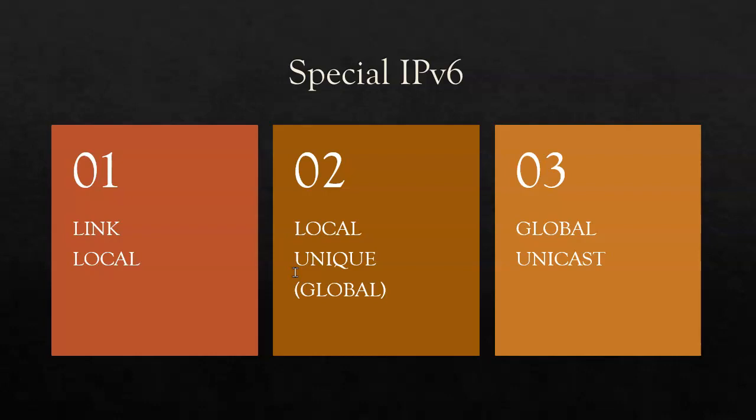They're called local unique because they're unique addresses that are locally assigned, but they actually can be globally unique. The reason why is because they're assigned using a random process. It doesn't work like DHCP. It's not where I assign an address out of a pool, which is what DHCP does. I actually use a randomized process to create that unique identifier.